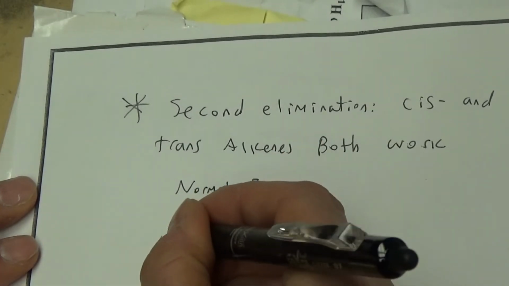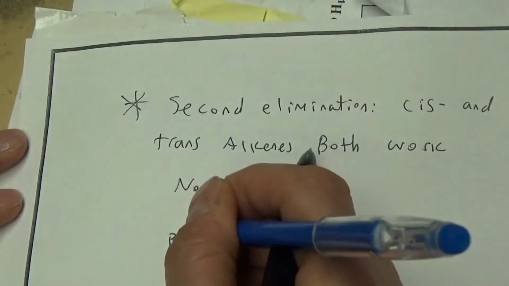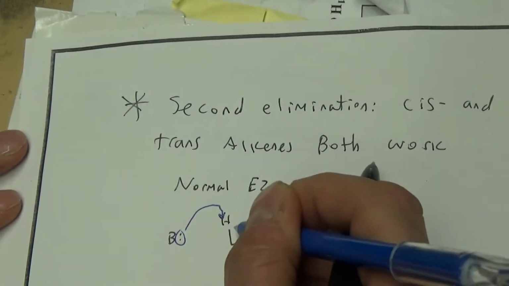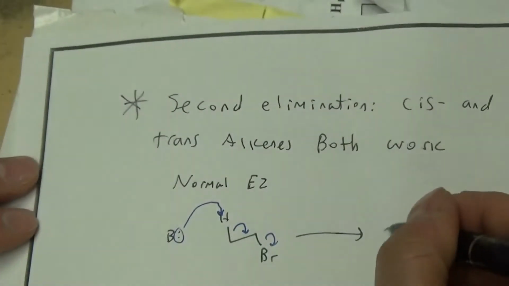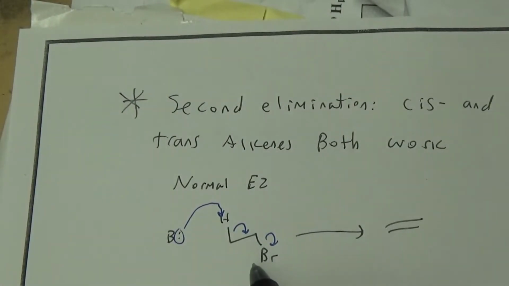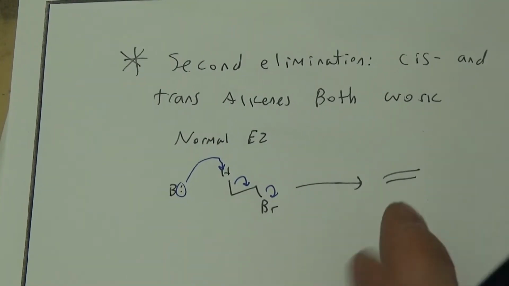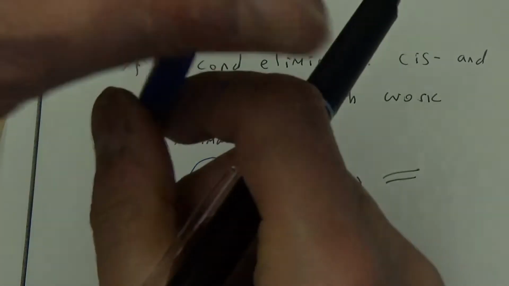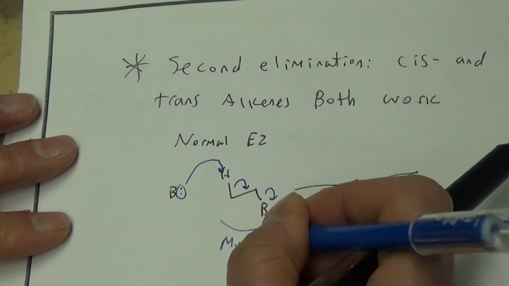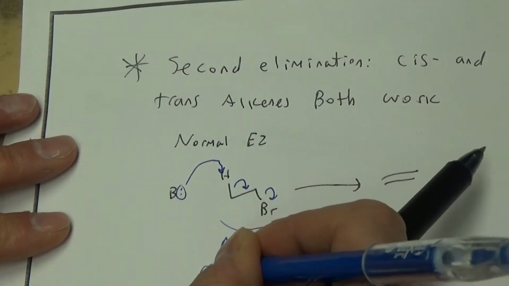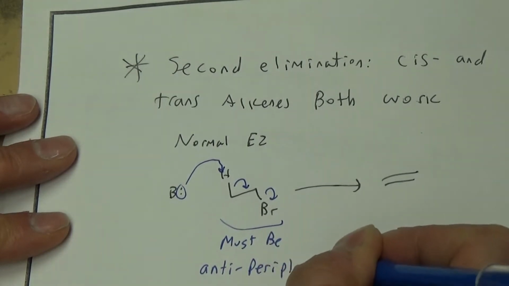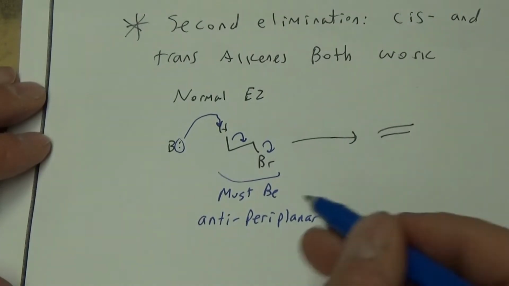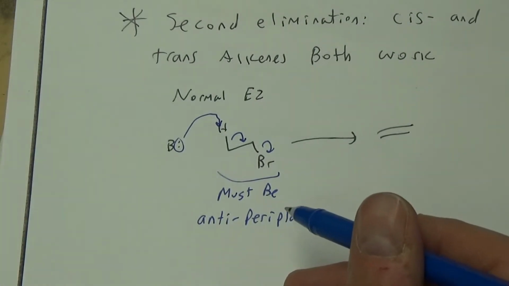This is back several chapters ago, but the idea is that when the base takes off the proton and kicks off the leaving group, there's a 180-degree relationship between the proton and the leaving group, right? We say it must be anti-periplanar. That was something you learned when you learned about E2 reactions.